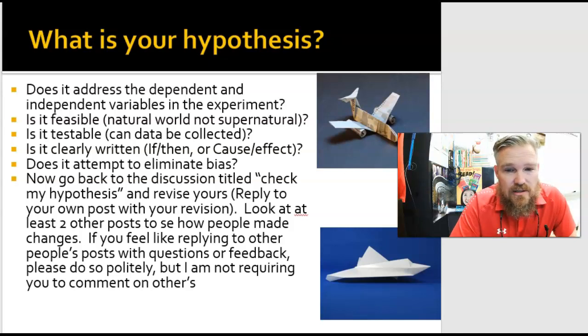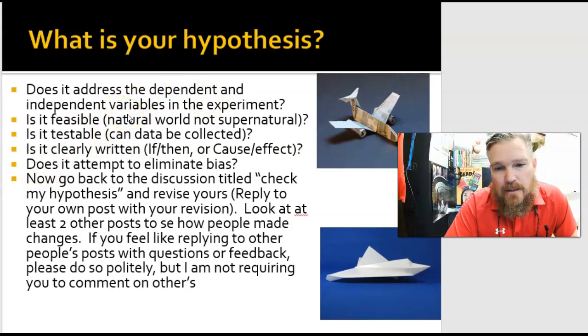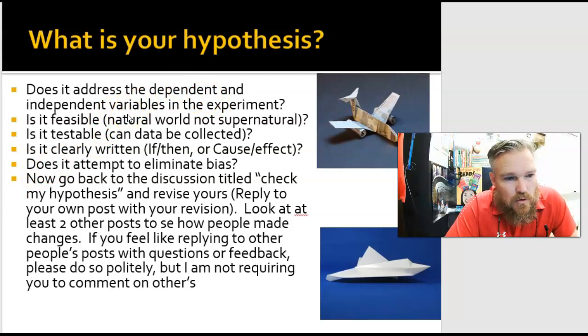But because ours is just a simple, quick observational experiment that's testing out the one variable to determine which is best, which then could open up to other ideas, we're going to keep it simple on this. So notice that a good hypothesis here needs to address the dependent and independent variables in an experiment. If you were in class, I would ask you right now which one is which, but you're not here.